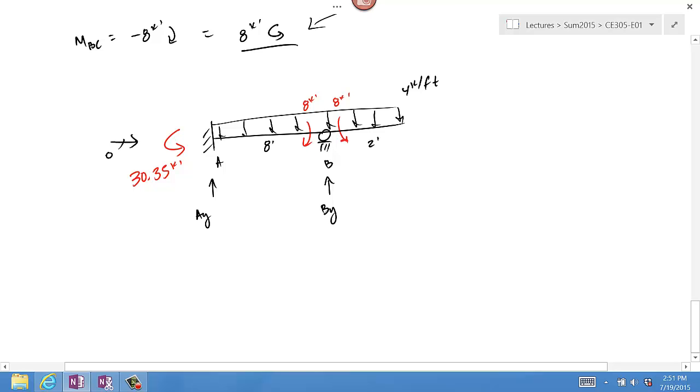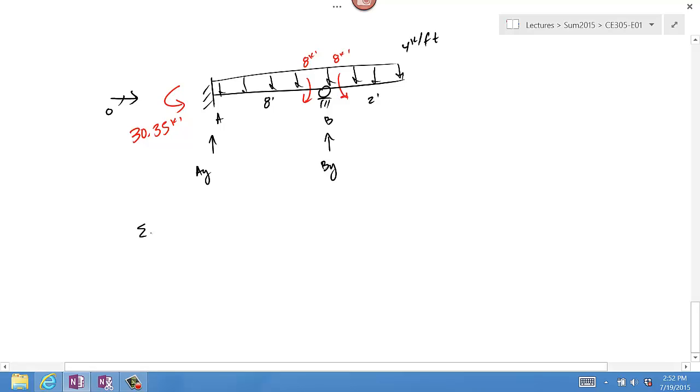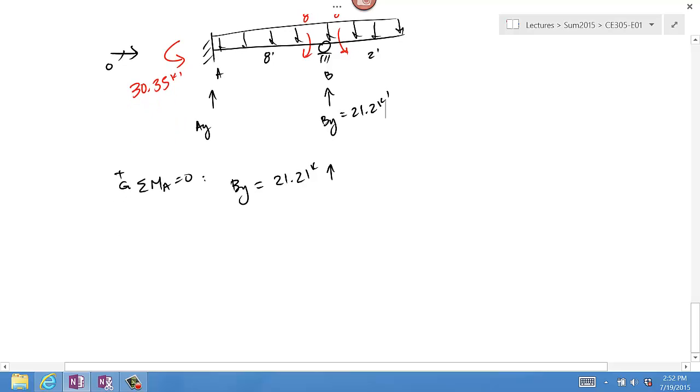Obviously AX equals 0, sum of forces in the X. So we can solve for BY by taking sum of moments about A, setting that equal to 0. We get BY is equal to 21.21 kips upward. And then take sum of forces in the Y direction, setting that equal to 0, and you can solve for AY to be 18.79 kips upward.